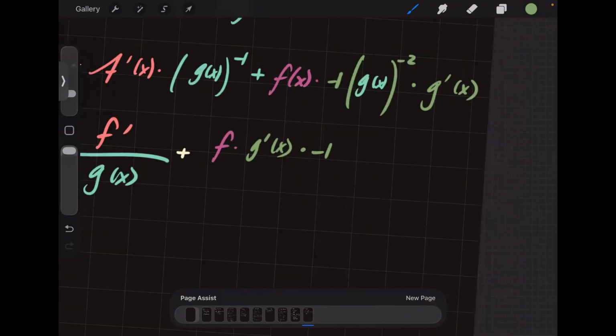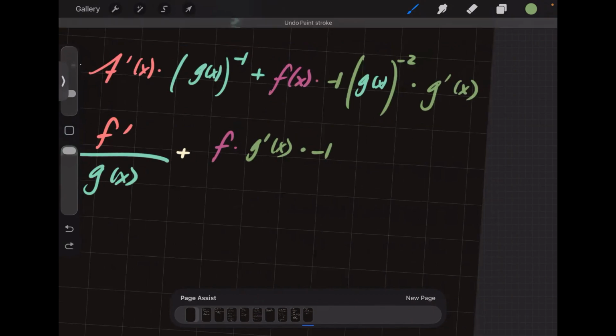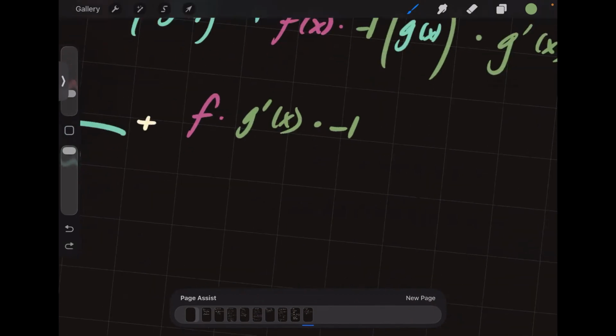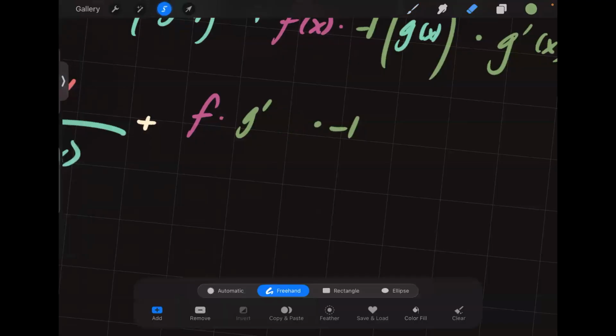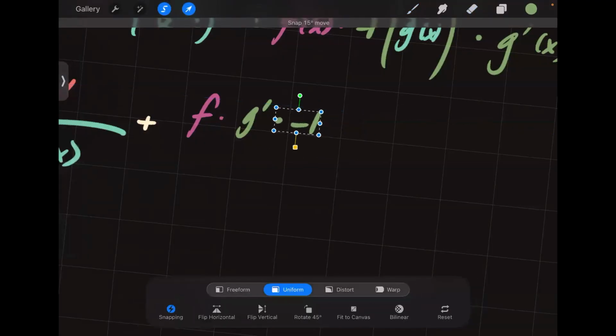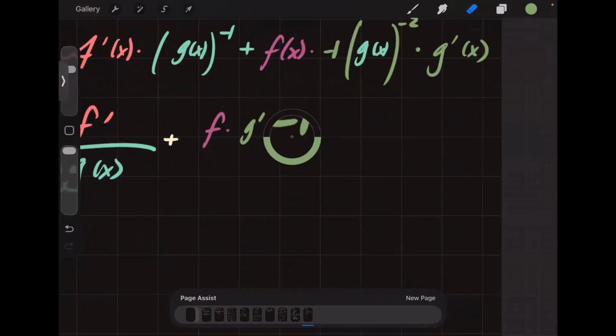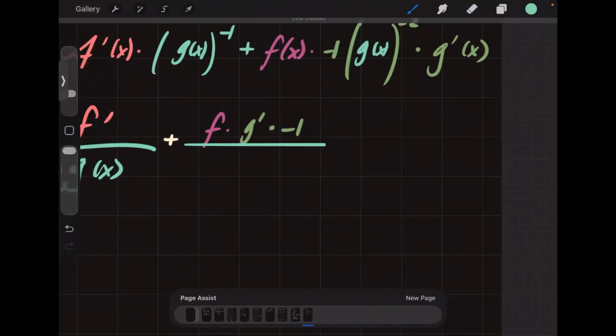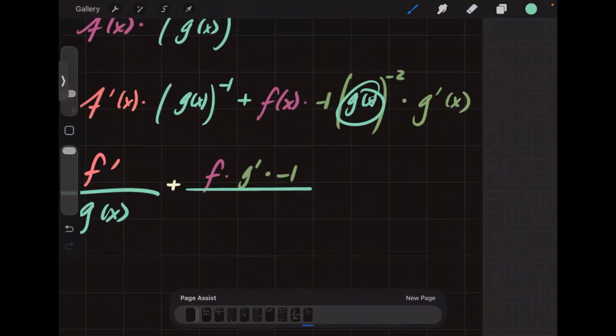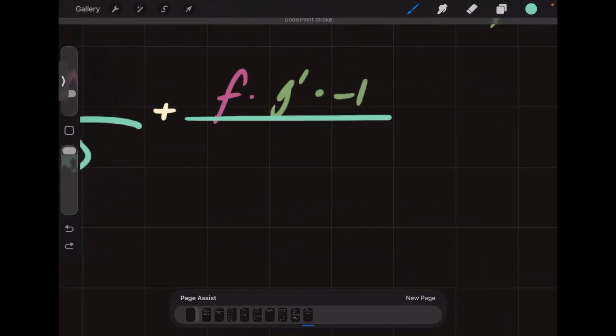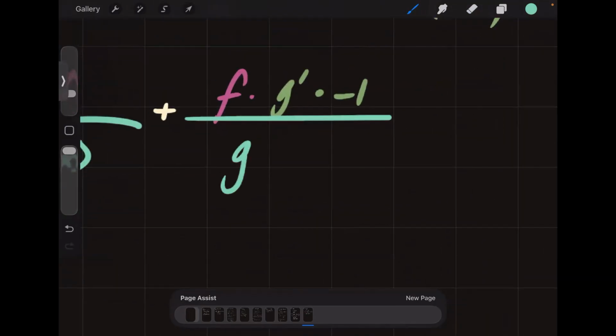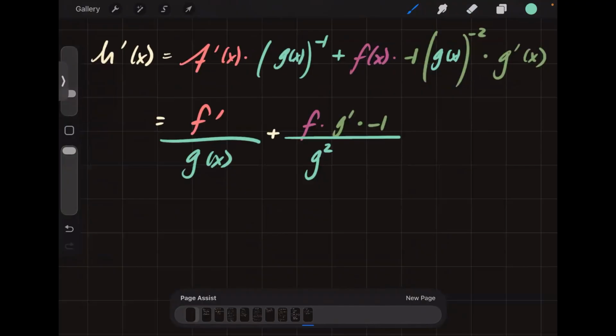How did I do this? I organized this here, I organized that here, and I moved this here. That's all, okay? No crazy business. All over what? All over g of x squared. Right. I guess you could erase that too.